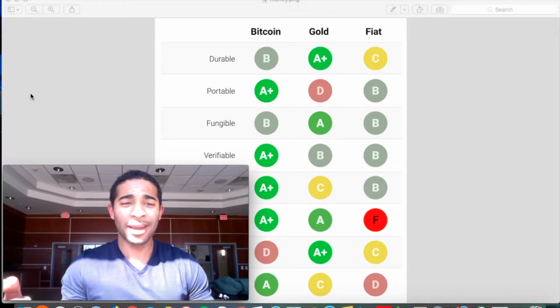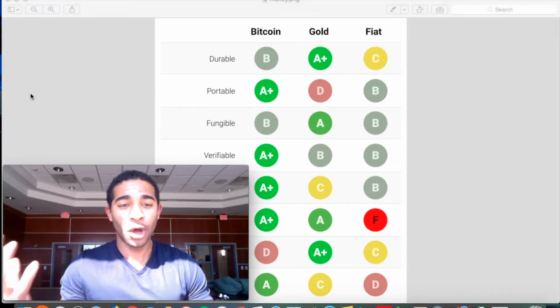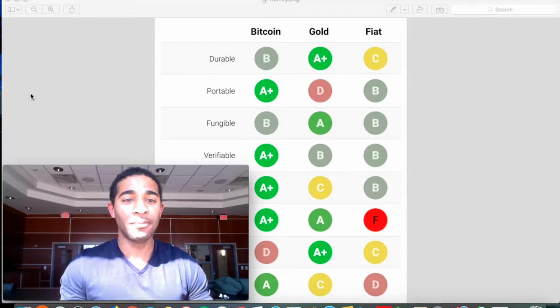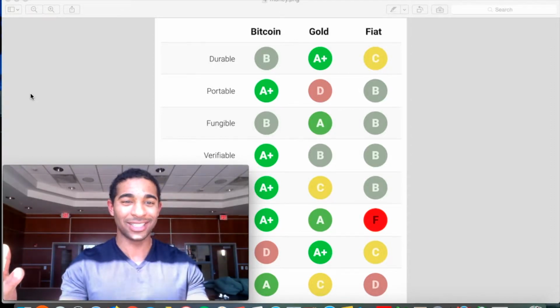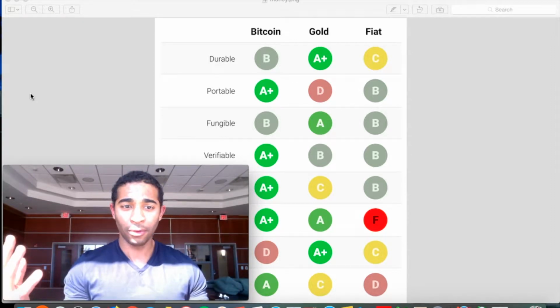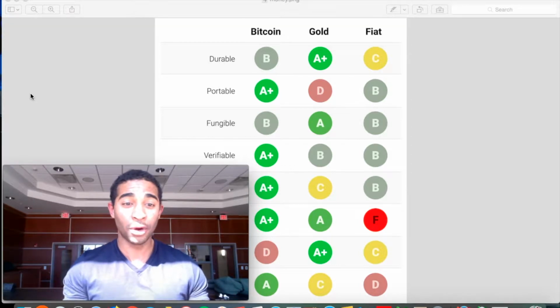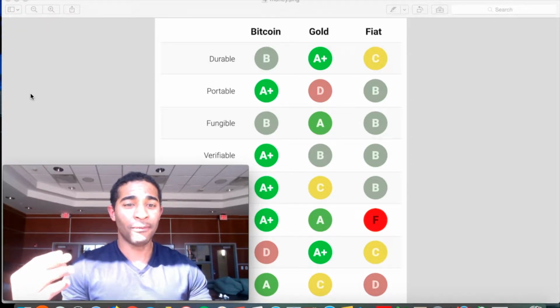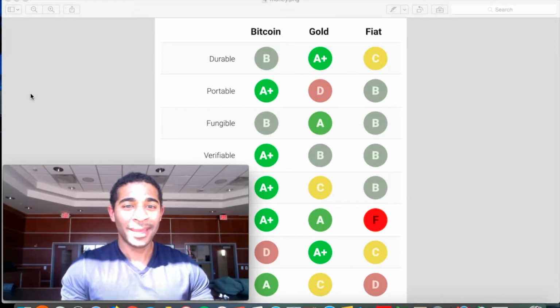But yes, you can carry large amounts of value in Bitcoin, and you can also send this over the internet for basically no cost and very easily, right? And so Bitcoin gets an A plus here, and it's far above and beyond the other two forms of money.